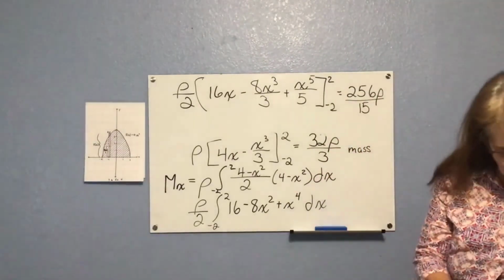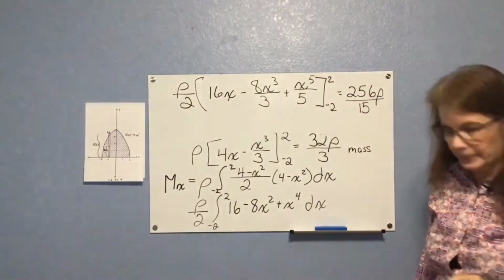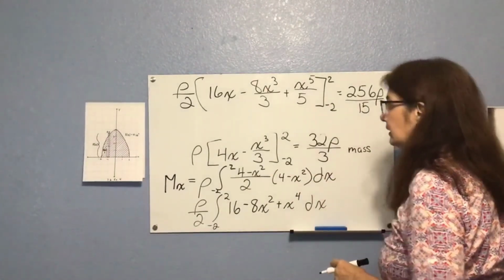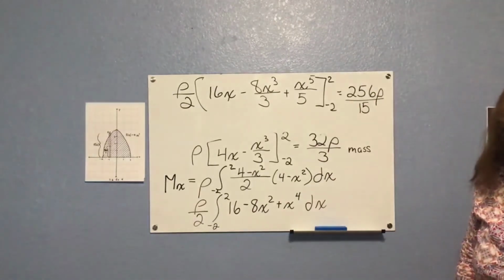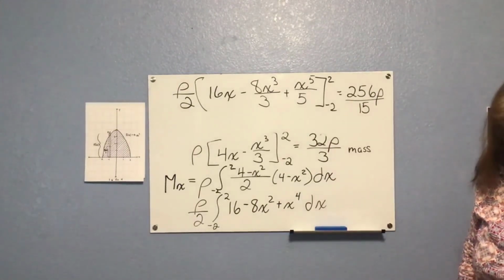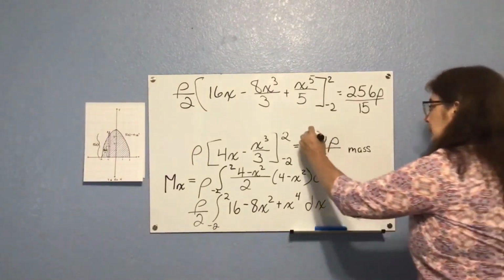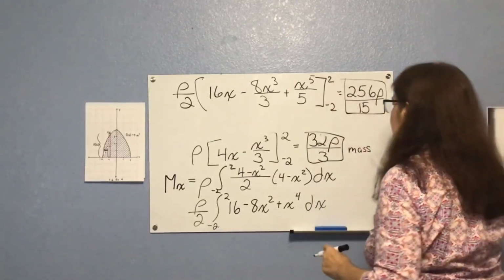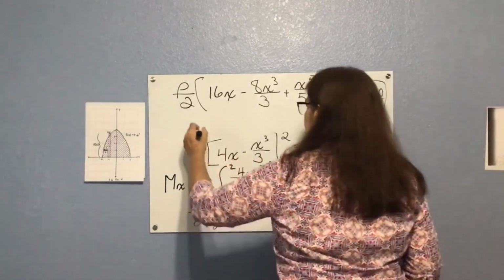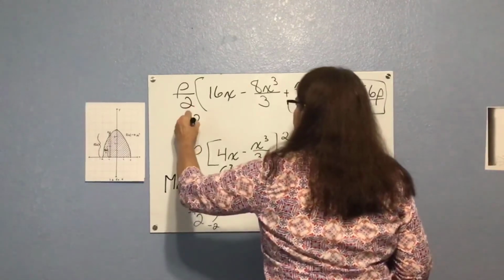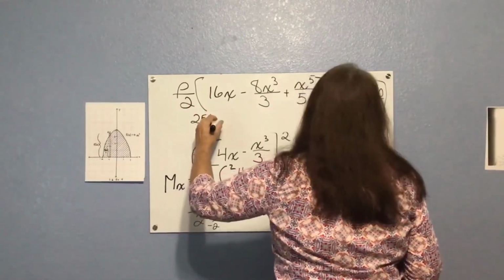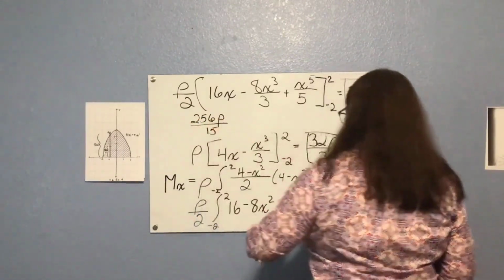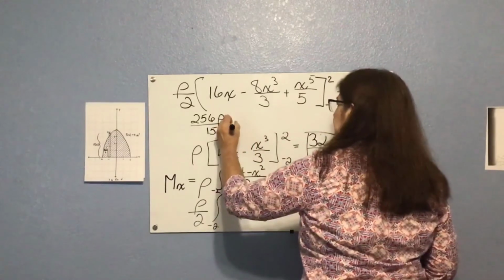So to find y bar, we need to take this answer, M of x, and divide it by the mass that we found earlier, which is 32 rho over 3. So I'm going to take this number and divide it by this number. I've got 256 rho over 15, and I'm just going to flip this one over and multiply.